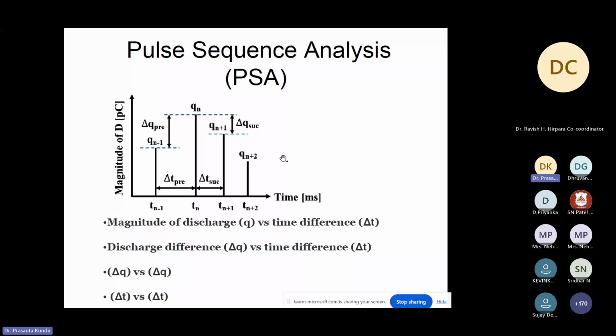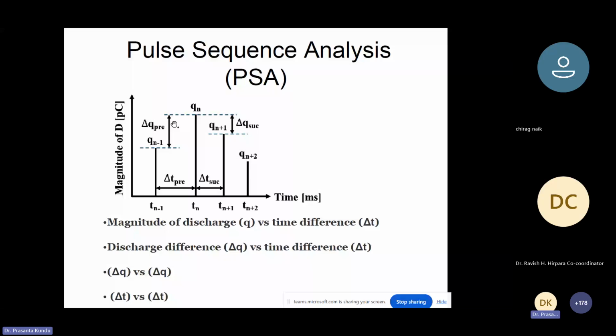So the magnitude and the time differences, we are going to plot. That is the first plot. Then the discharge differences and time differences, either the pre or the successive, we are going to plot. What is the Q and the time differences? We are going to plot it.